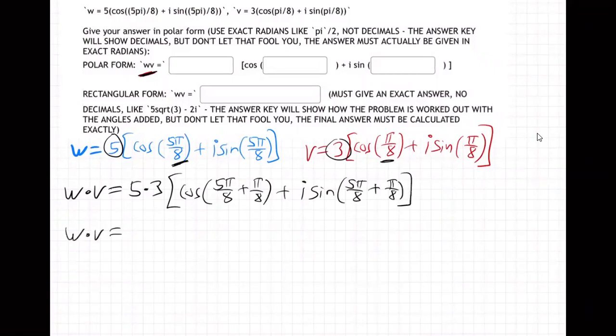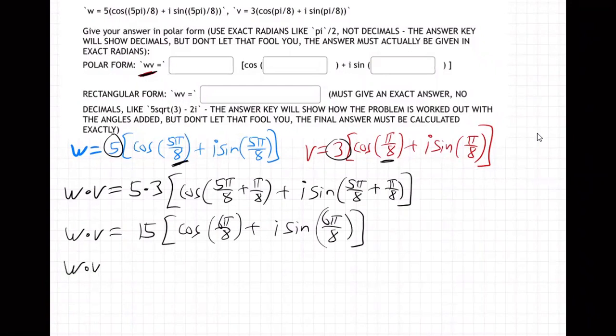Now, that's 15, and this is cosine of 6 pi over 8 plus i sine of 6 pi over 8. We can actually reduce that. That's going to be cosine of 3 pi over 4, dividing top and bottom by 2.